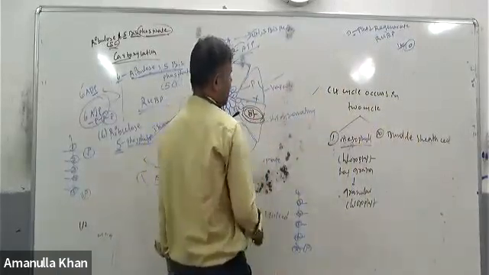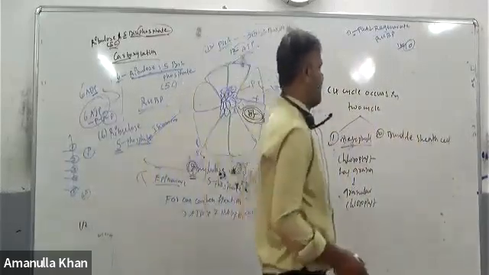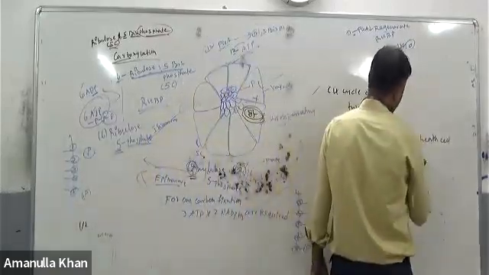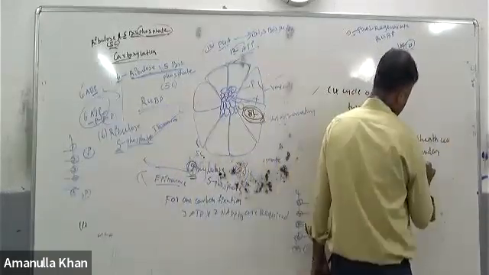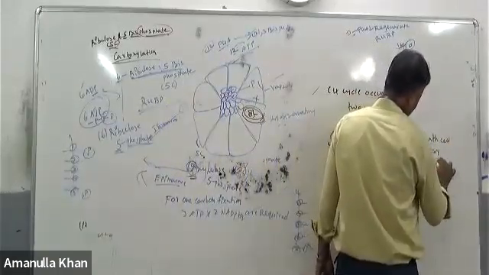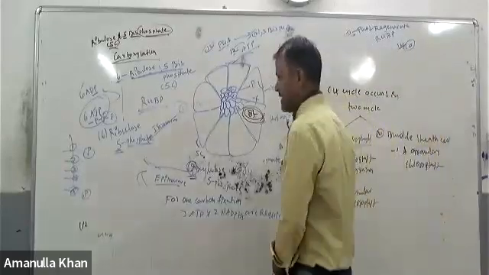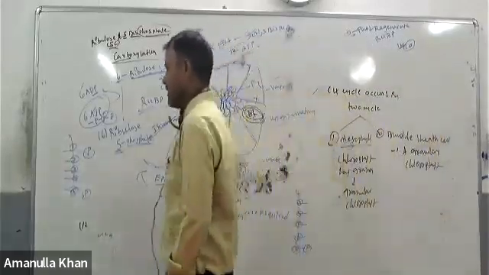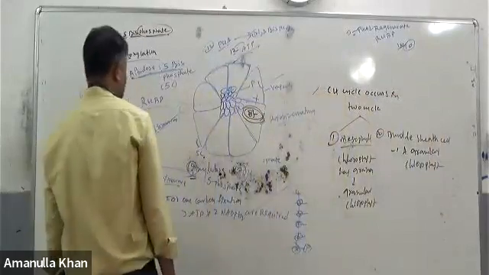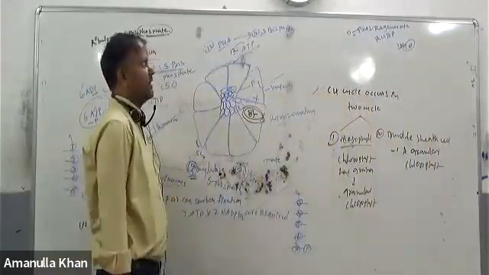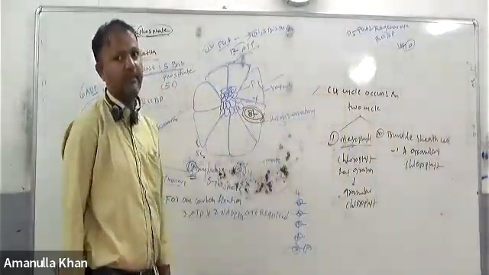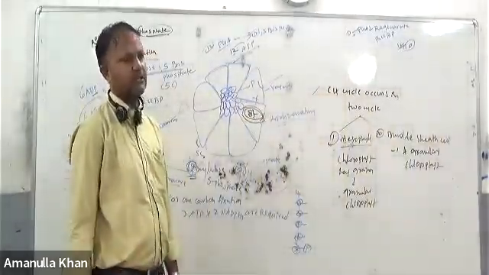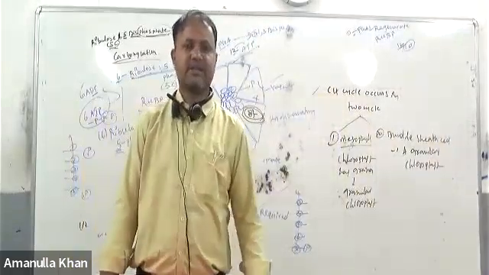That's why it's called an agranular chloroplast. Two types of chloroplast are present in the C4 plant. First one is granular chloroplast in the mesophyll cell, and second one is agranular chloroplast in the bundle sheath cell. That's why the chloroplast shows dimorphism. Di means two. Morphism means morphological structure.